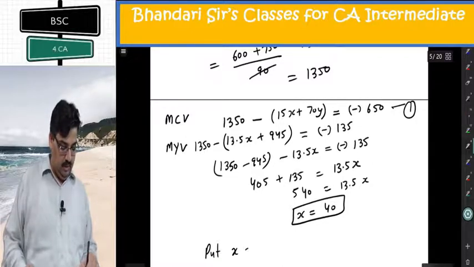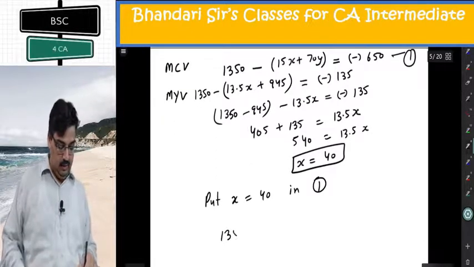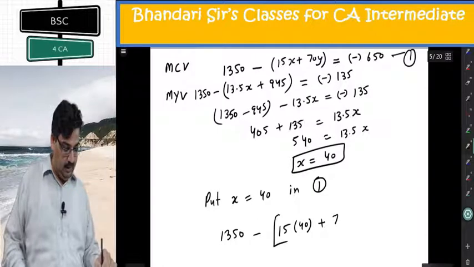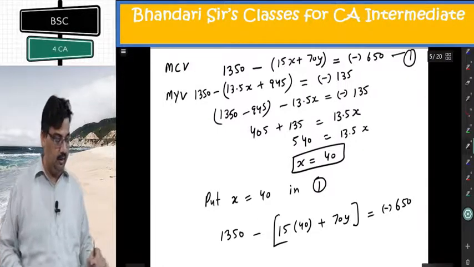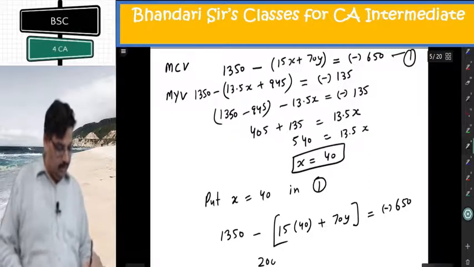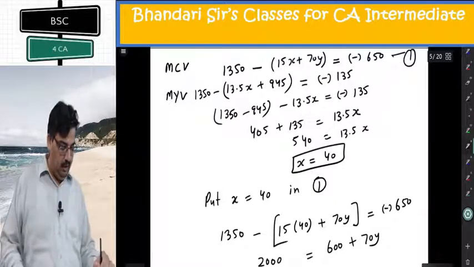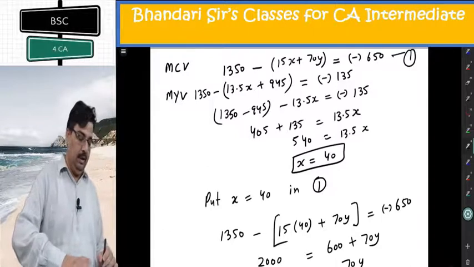Put x is equal to 40 in the first equation. So what I am getting? 1350 minus 15 into 40 plus 70y is equal to minus 650. This becomes 2000 is equal to 600 plus 70y. 1400 is 70y. So y is 20.